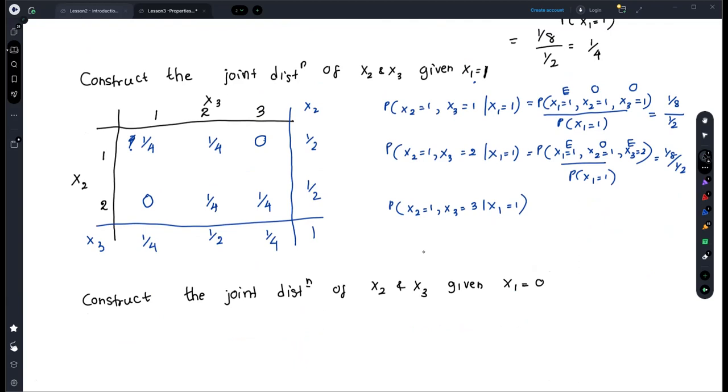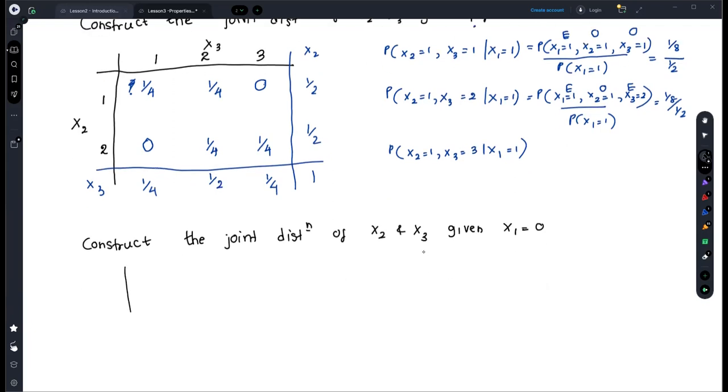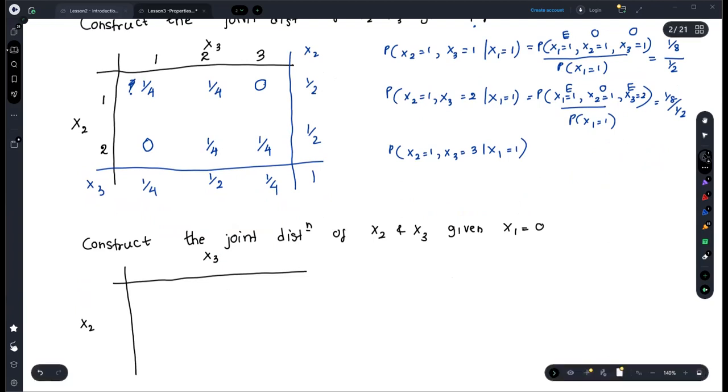What will happen? What are the possible values of x2? Just tell me what are the possible values of x2.